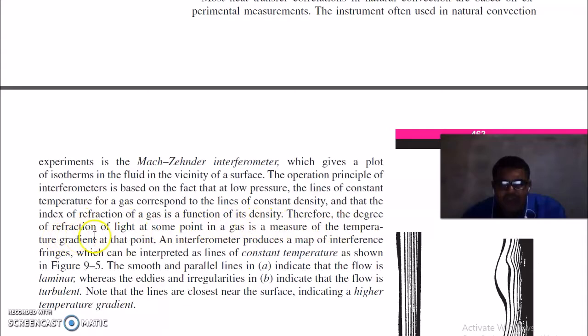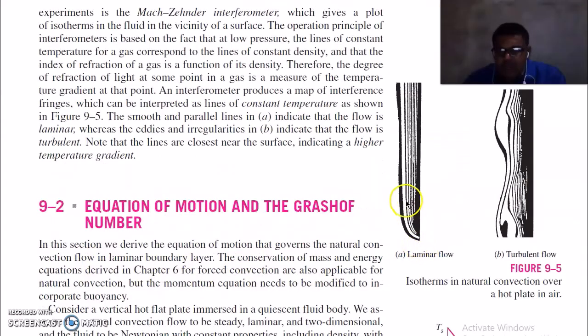Therefore, the degree of refraction of light at some point in a gas is a measure of the temperature gradient at that point. An interferometer produces a map of interference fringes which can be interpreted as lines of constant temperature. So these are the isotherms, meaning constant temperature lines, in natural convection over a hot plate. This is turbulent flow over the hot plate.